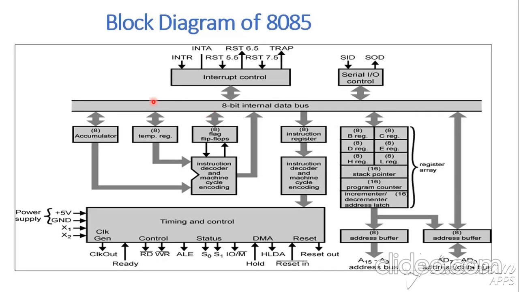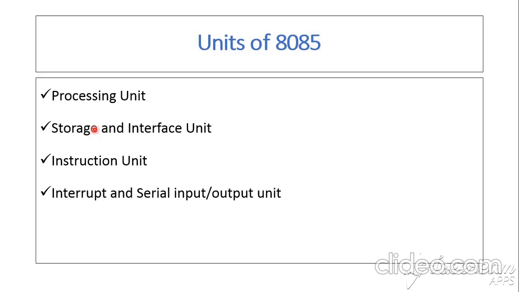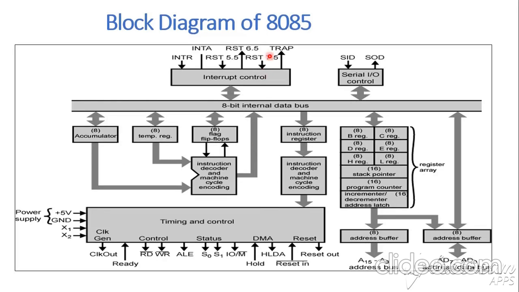Then coming to the block diagram of 8085, we can see here that there are 4 main parts: a processing unit, storage and interface unit, instruction unit, interrupt and serial input or output unit. First is the processing unit. This has the accumulator, temporary register, flags and ALU.